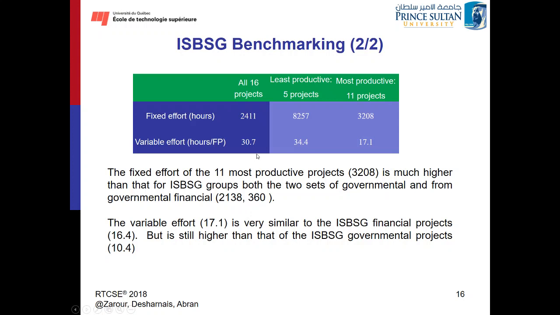And if we compare the variable effort for the most productive projects, which is 17.1, it is very similar to the ISBSG financial projects, which is around 16.4, but it is still higher than that for the ISBSG governmental projects, which is 10.4. So what is the conclusion of this benchmarking?